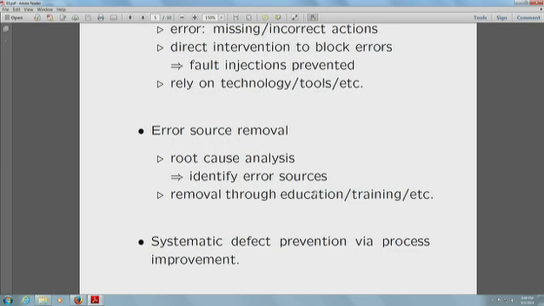Essentially, whatever you do, you have continuous improvement as the basic framework.